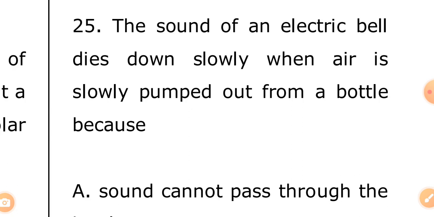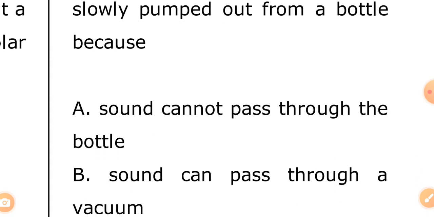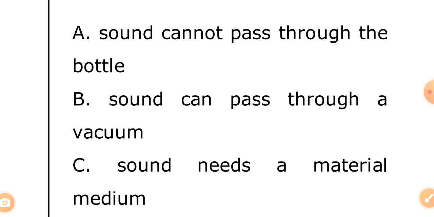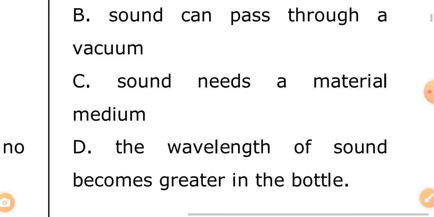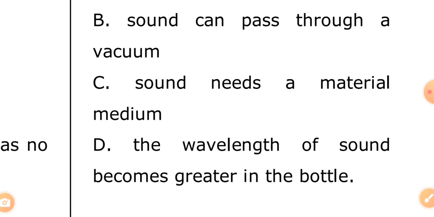The sound of an electric bell dies down slowly when air is slowly pumped out from a bottle because A, sound cannot pass through the bottle. B, sound can pass through a vacuum. C, sound needs a material medium. D, the wavelength of sound becomes greater in the bottle.